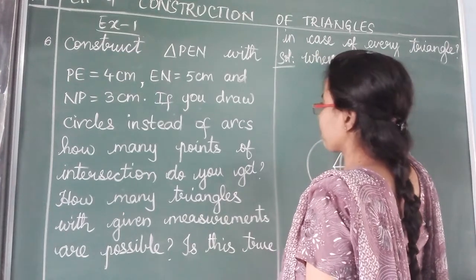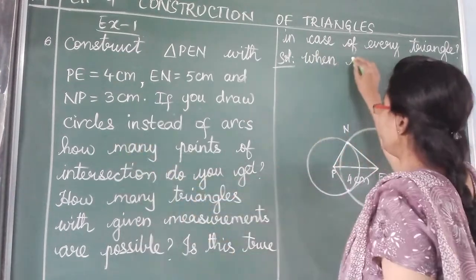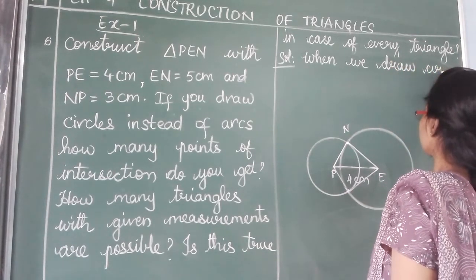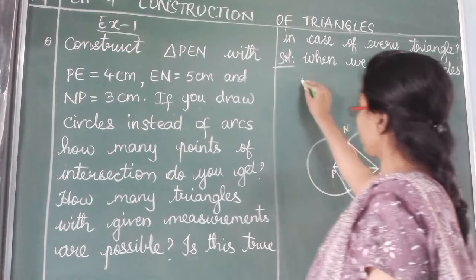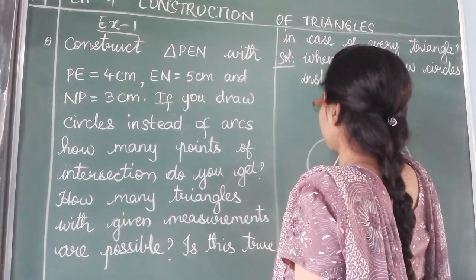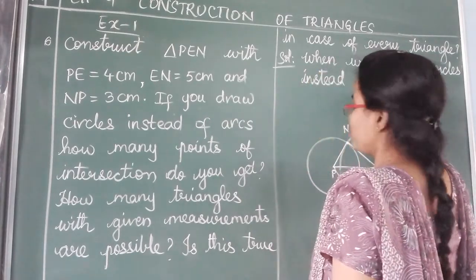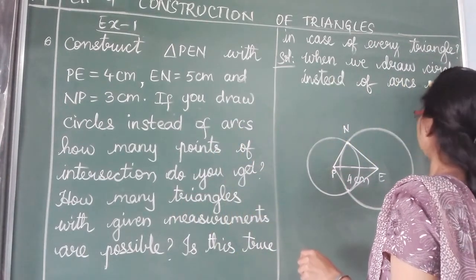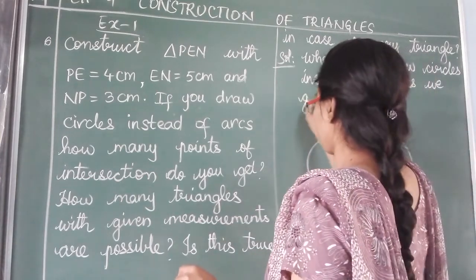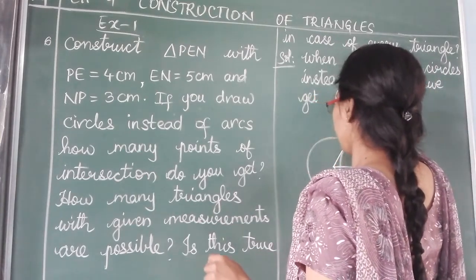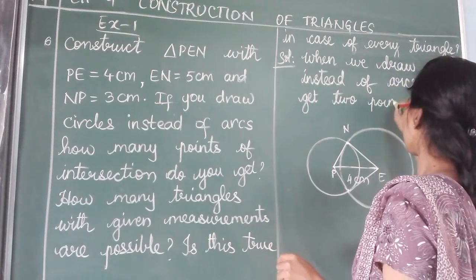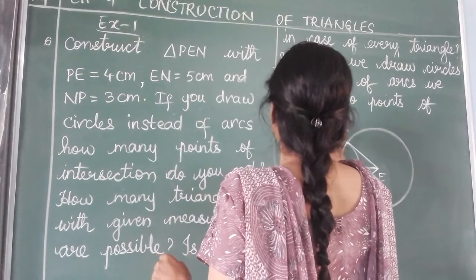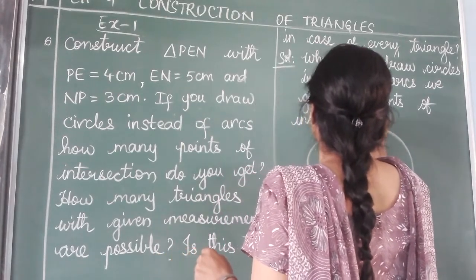So let's write. We get 2. So when we draw circles instead of arcs, we get 2 points of intersection.